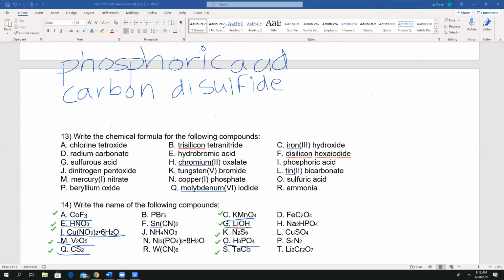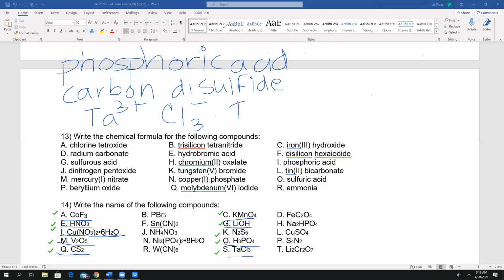That's that one. And the last one we have is tantalum. And we do not know which tantalum we have until we decompose it. And you notice it's 3 negative, right? Because chlorine is 1 negative. So 3 times 1, so it's positive 3.